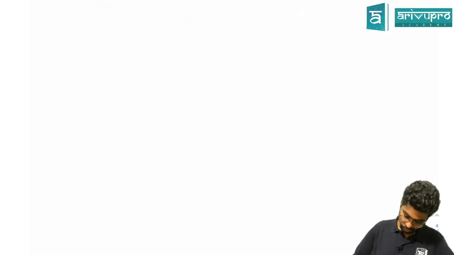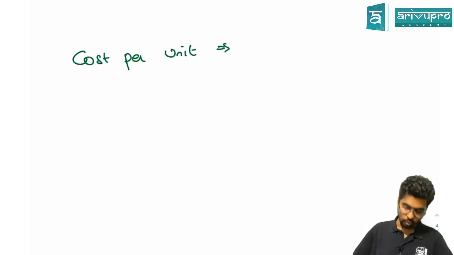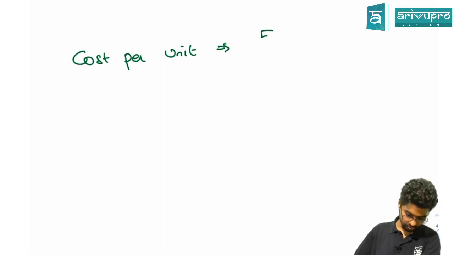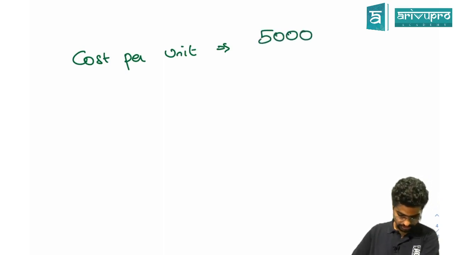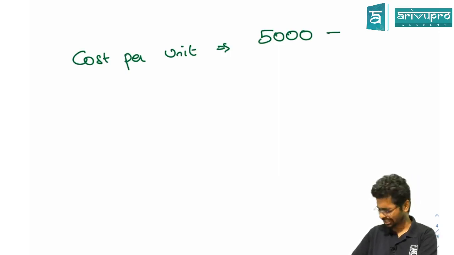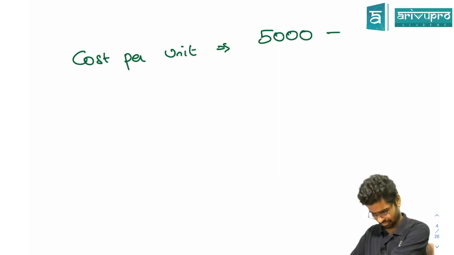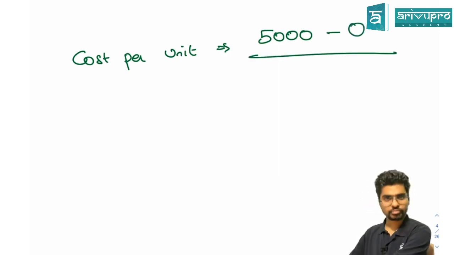Now let me use the same formula. What is my cost per unit? What is the total cost of the raw material? Is there any scrap value of the normal loss? What should have been my total output?